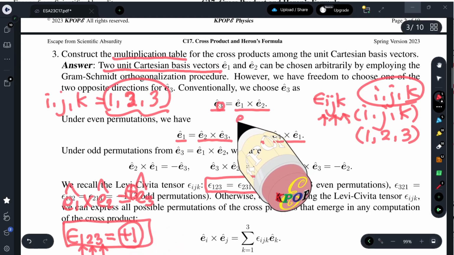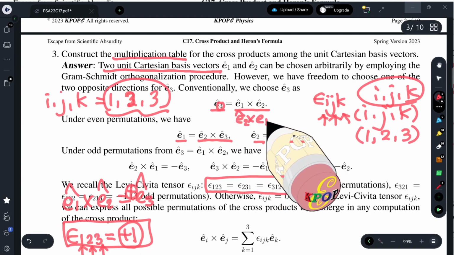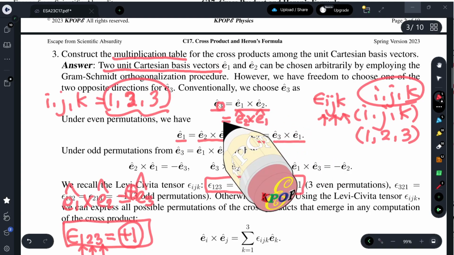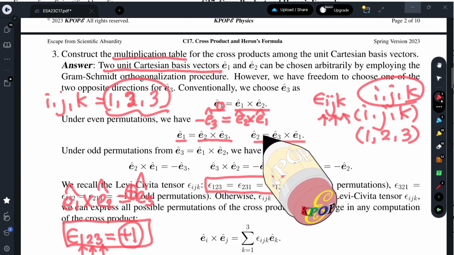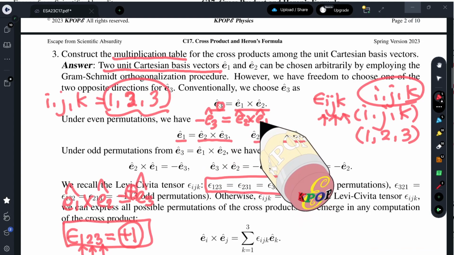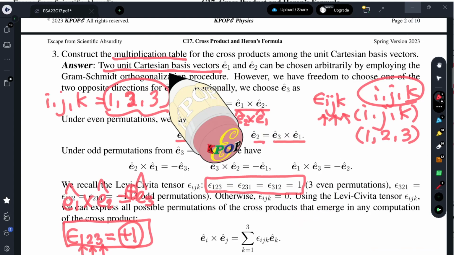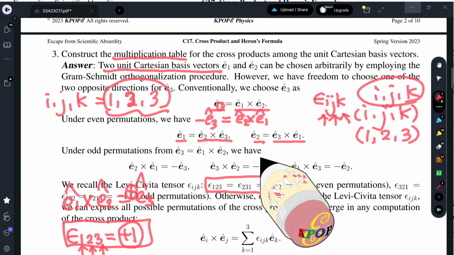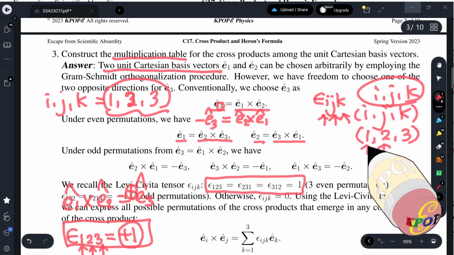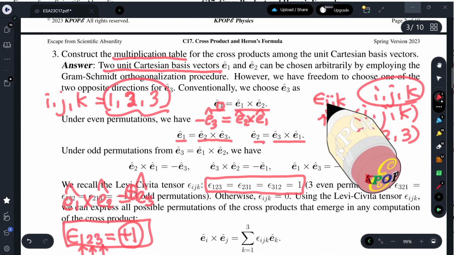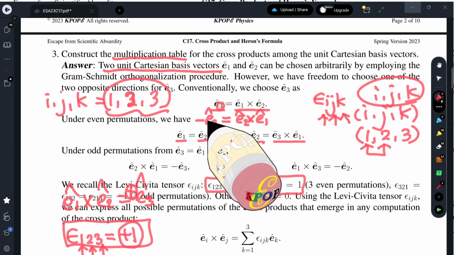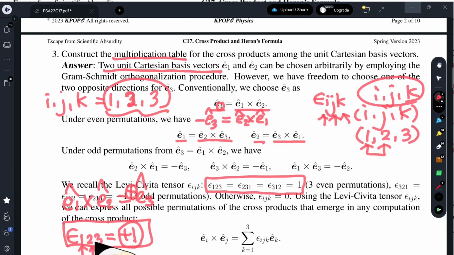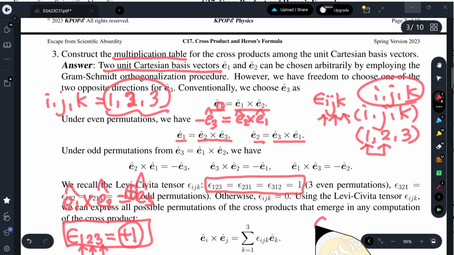If I exchange the order, e2 cross e1, then its value is, we know, minus e3 because of the anti-commutative relation of the cross product. Therefore, if I exchange any two, especially i and j, then the sign flips. So while epsilon 1, 2, 3 equals plus 1, epsilon 2, 1, 3 equals minus 1.